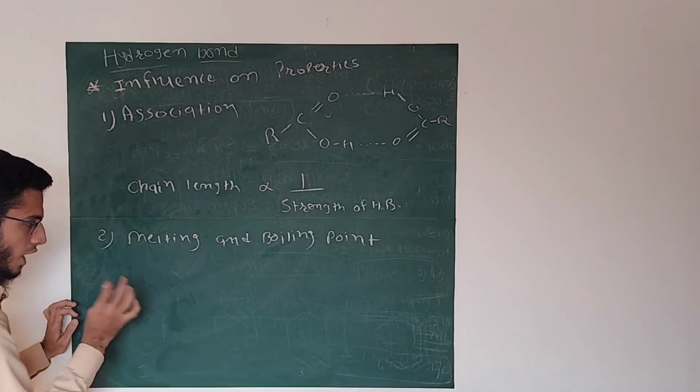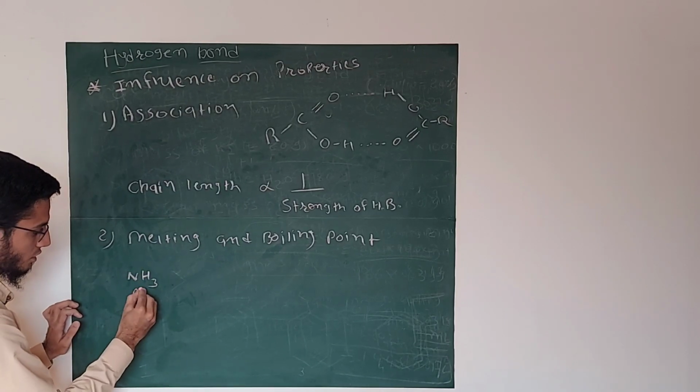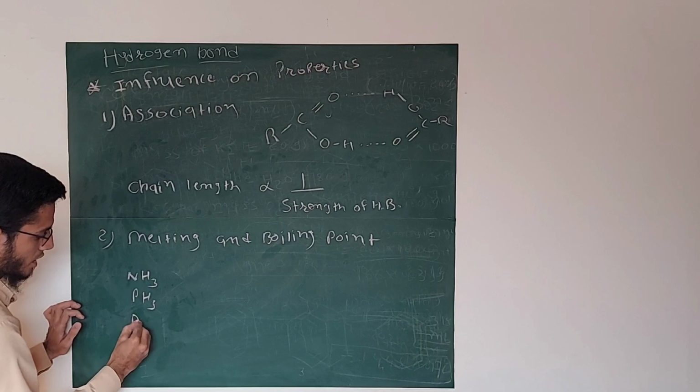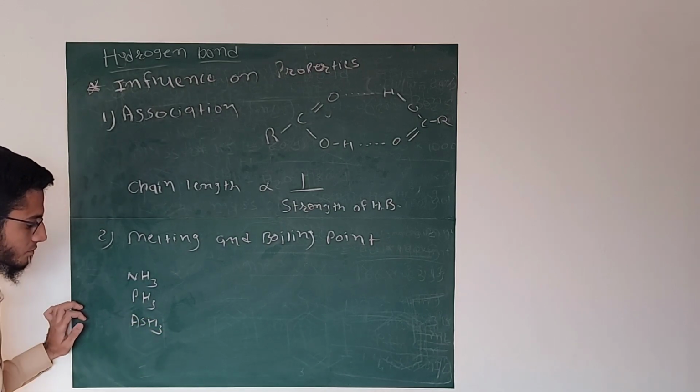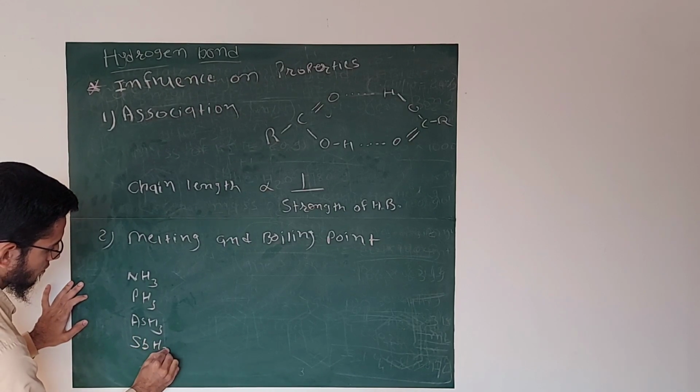For group 15: NH3, then PH3, then AsH3 (arsenic), then SbH3.